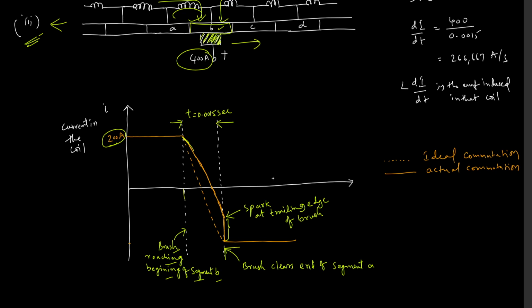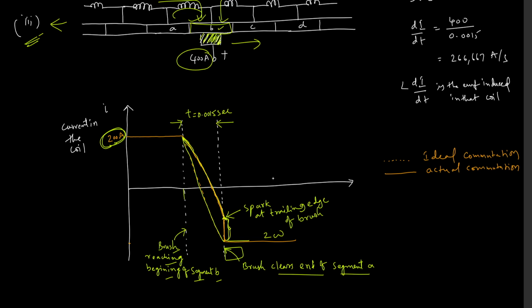And when the brush completely enters onto B and leaves the segment A, the reversal of this current should ideally take place from plus 200 to plus 200 in the other direction, right? Ideally it should take place like this. But what actually happens is this reversal will not happen exactly to 200, but reaches some value.